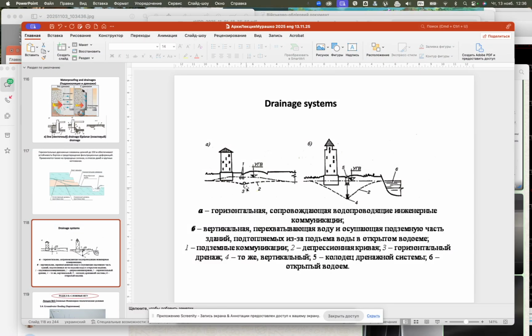But when we are using this drainage pipe, it collects water. And for example, here we have underground communications with leakages. When we make this drainage pipe, it will collect the water and it will reduce the level of underground water.